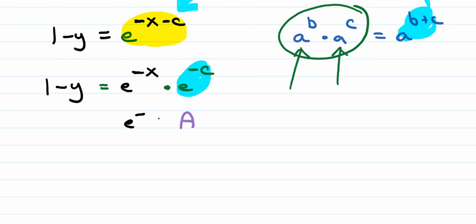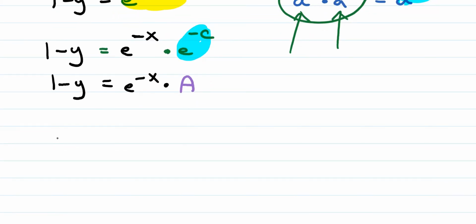That's going to be e to the negative x times a, and then I have 1 minus y on the left-hand side. We split up the exponent so that we can write our constant with the letter a. After that, I would recommend rearranging the terms here. Unfortunately, most of these differential equation problems involve quite a bit of algebra. So I would rewrite the right-hand side like that.